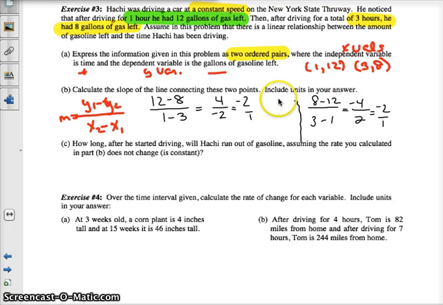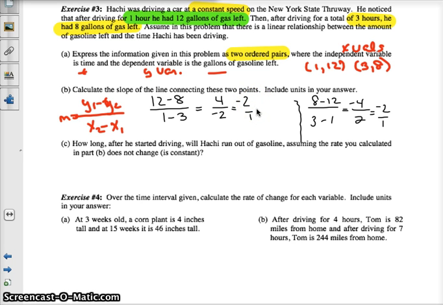Okay, you should have gotten a negative 2 over 1, and I just did it both ways. 12 minus 8 over 1 minus 3, 8 minus 12 over 3 minus 1. It doesn't matter which way your x1 and y1 and all that stuff goes. What matters is that you make sure your signs are correct at the end. Okay, so include units in your answer. That's the only thing I left out.